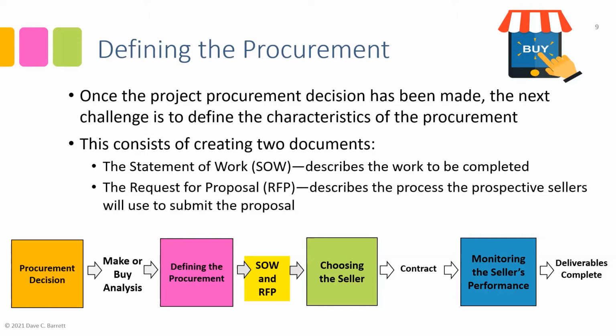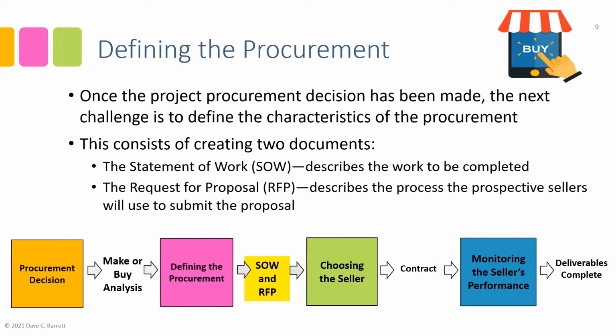Just for full information, there are other types of documents for certain types of procurements. For example, there is something referred to as a request for information, or an RFI. As the name implies, we're looking for information to be provided, perhaps to make another decision further down the road.